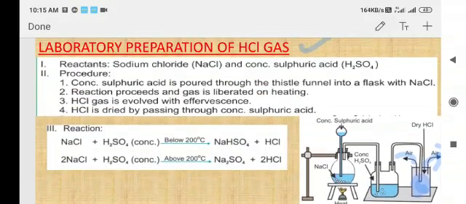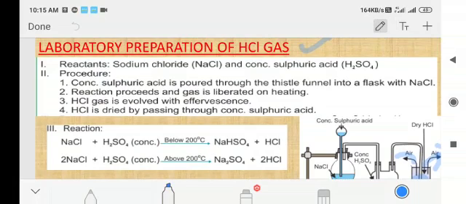Before I move to the next point, let me summarize the whole thing. The main reactants are sodium chloride and concentrated sulfuric acid. The reaction takes place like this. Sodium bisulfate and HCl gas will be produced.